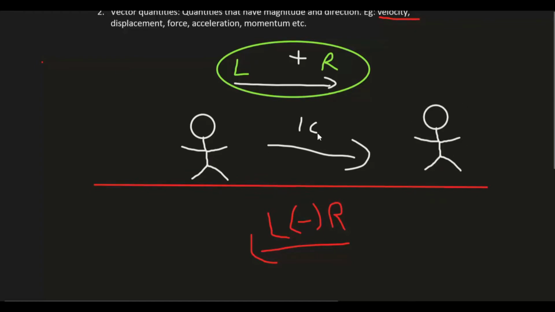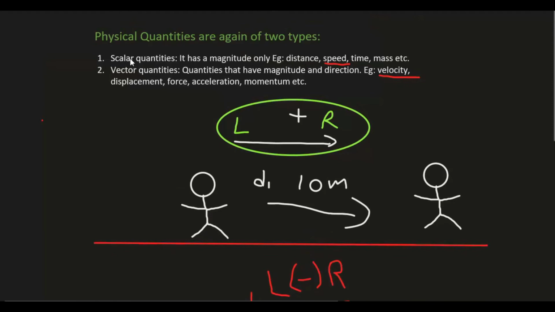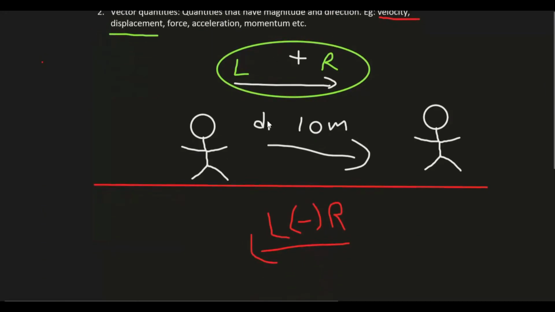Let's say 10 meters, right? So his distance travel, we know that distance is a scalar quantity and displacement is a vector quantity, right? Okay, so his distance traveled is 10 meter.